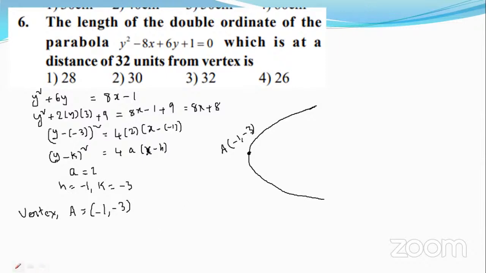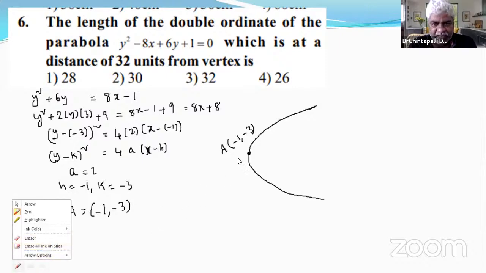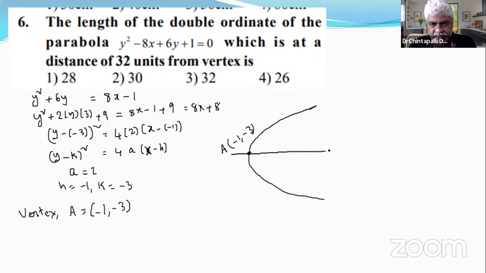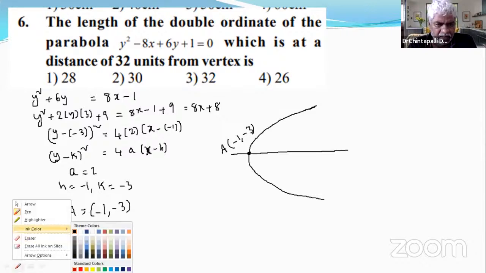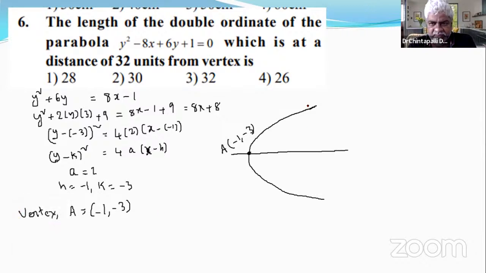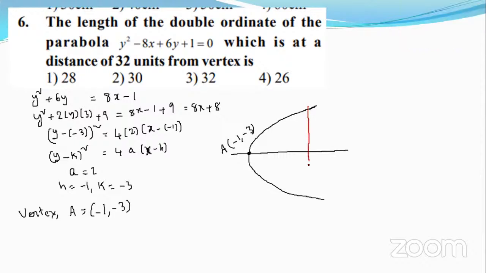And actually, what is asked? It is the axis. The length of the double ordinate is asked. So what is asked here?